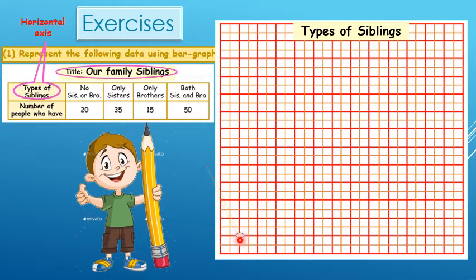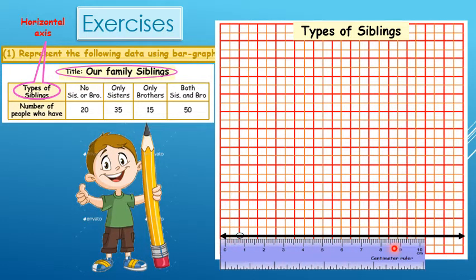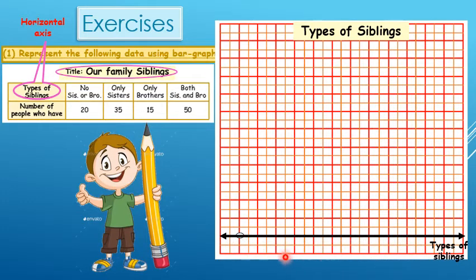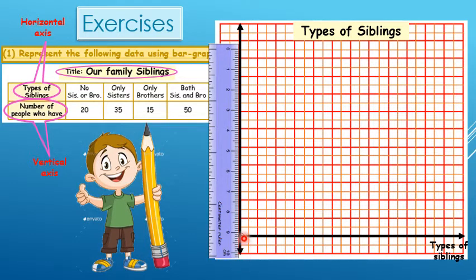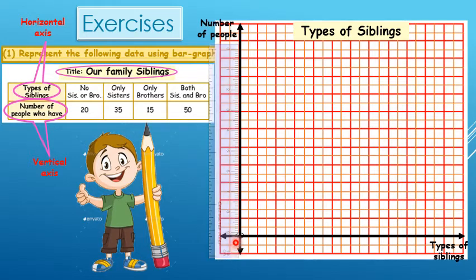Then using our ruler to draw the horizontal axis, which is called types of siblings. Now, using your ruler again, draw our vertical axis from this point, which is called number of people who have these siblings.